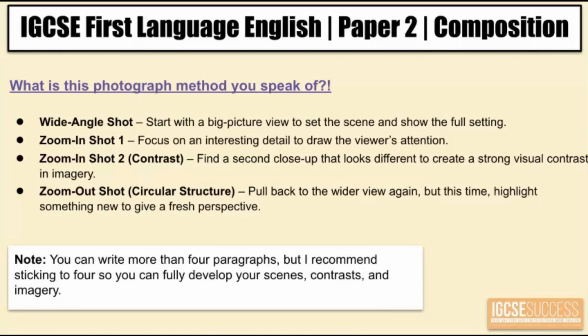So the photograph method, 4 paragraphs. It starts with a wide angle shot. So starting with a big picture view to set the scene and show the full setting. So you are essentially describing things from afar. You might be describing the weather, the outside of buildings, etc.